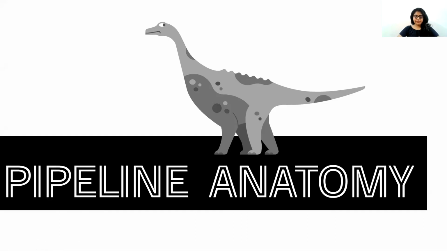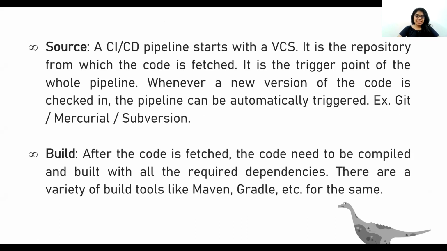Pipeline anatomy. Let's talk about how the CI/CD pipeline actually looks. It starts with a VCS repository from where the code is fetched. When a developer commits a new version of the code, it triggers the whole pipeline, which invokes other stages serially. VCS like Git, Mercurial, Subversion can be easily integrated with the pipeline.